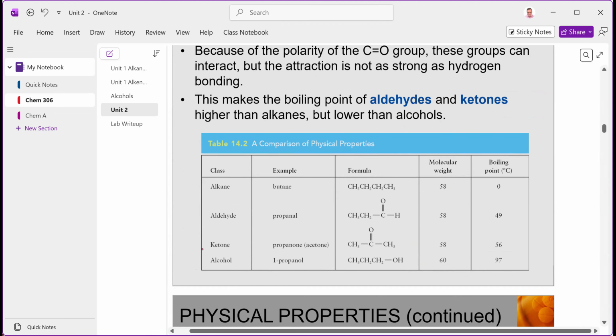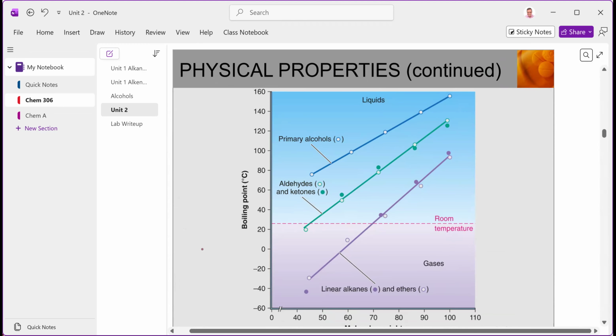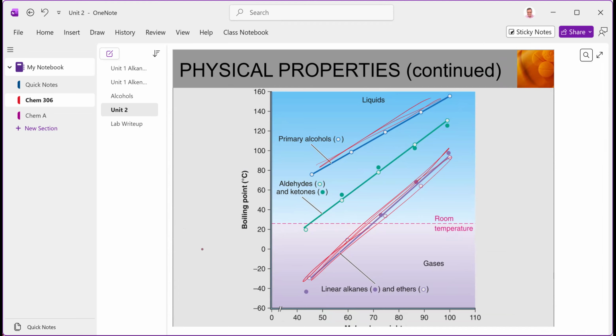So if we look at a graph, the aldehydes are going to lie in between the alcohols and the alkanes. So they're more polar than an alkene or ether, but they're less polar than an alcohol.